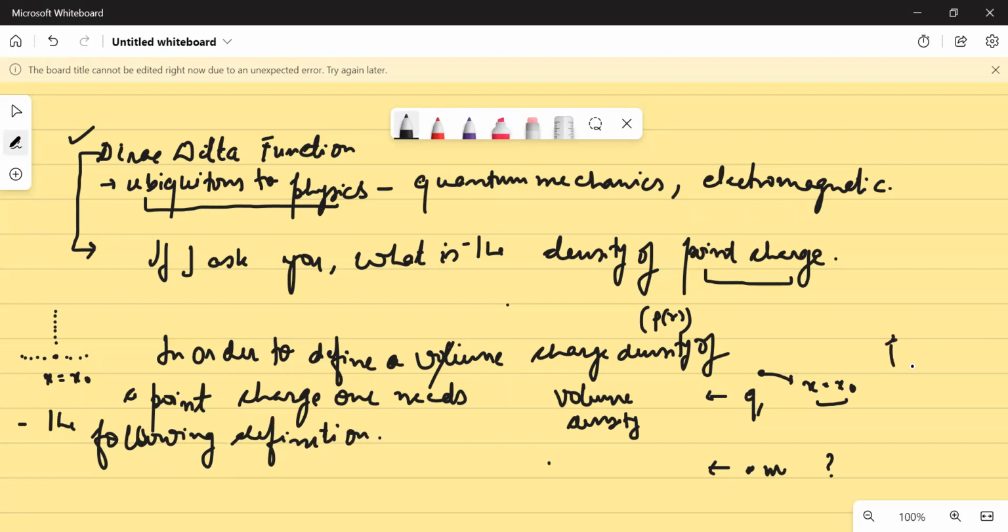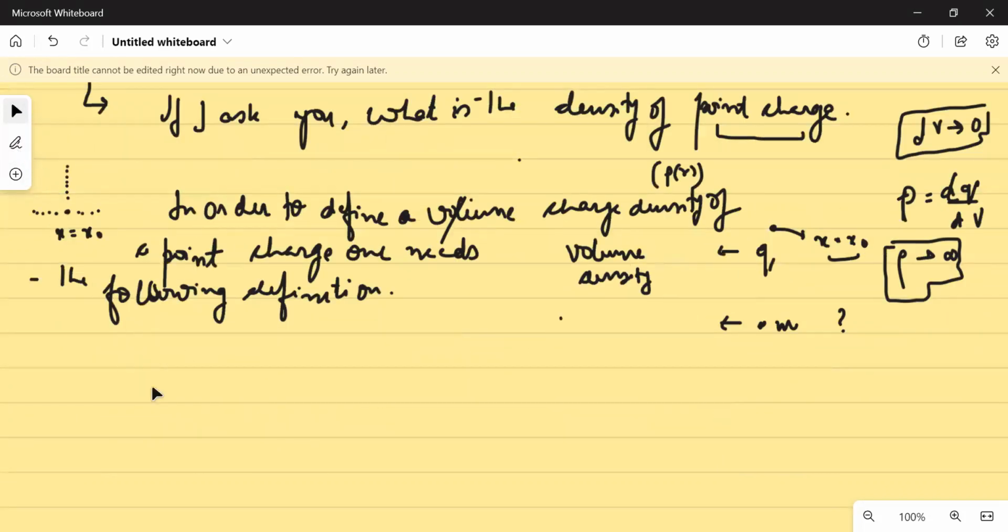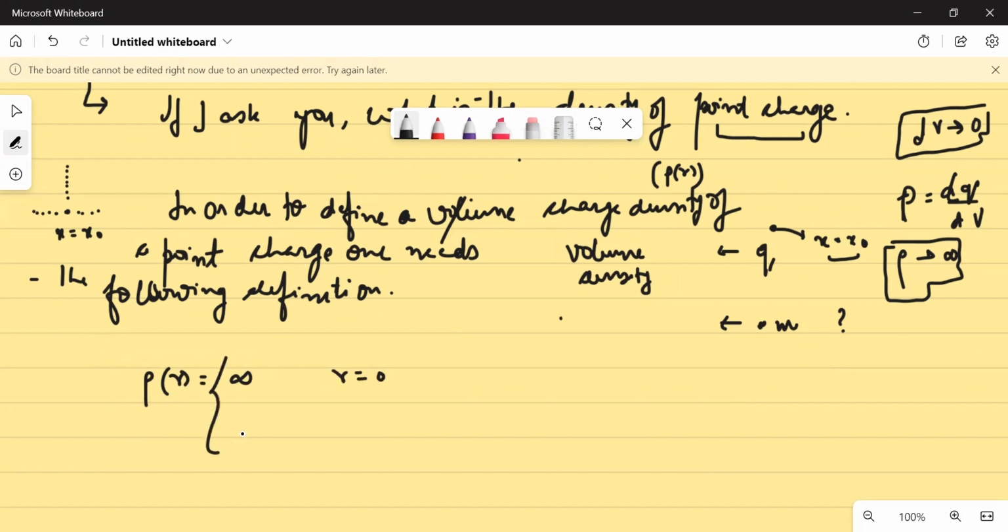Rho is nothing but dq upon dv, right? If I'm saying a point charge, then I mean that my volume element dv is tending to zero. If my volume element is tending to zero, then rho must tend to infinity. It implies that the description of the volume charge density of a point charge would require a function which is infinite at a point and otherwise zero. So I would require a function which satisfies the property that rho of r should be infinite for r equal to zero, and rho of r should be zero if r is not equal to zero.